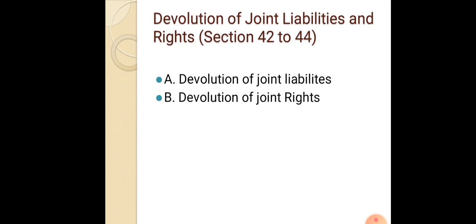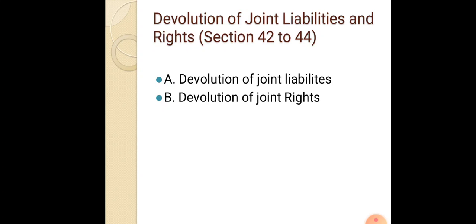In such cases, the question arises as to who is liable to perform and who can demand performance. The rights and liabilities of the joint promisees and joint promisers are discussed under devolution of joint liabilities and rights.